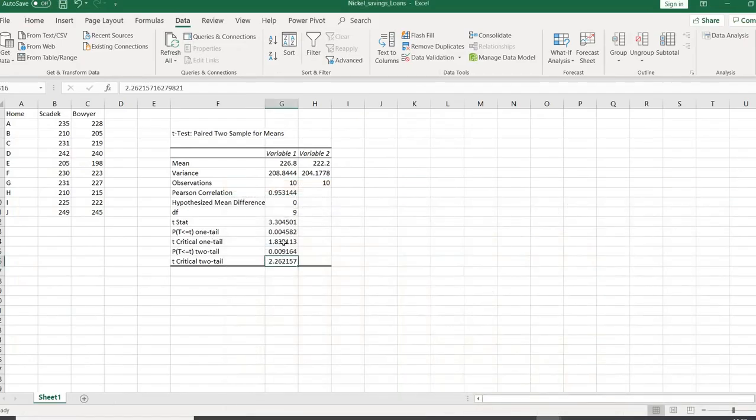Our t statistic is more than the two-tail critical value. Okay, we now reject the null hypothesis and conclude that the mean difference is not equal to 0. So guys, that is how you can do the paired two sample for means in Excel.